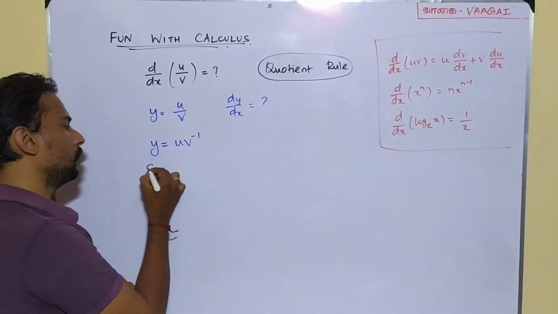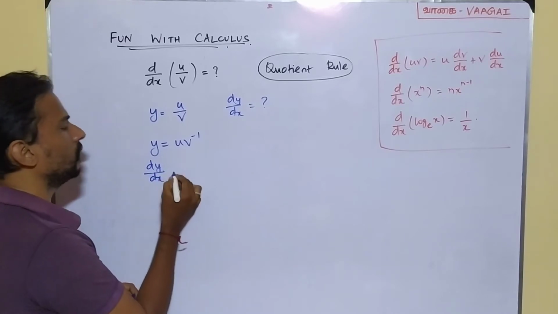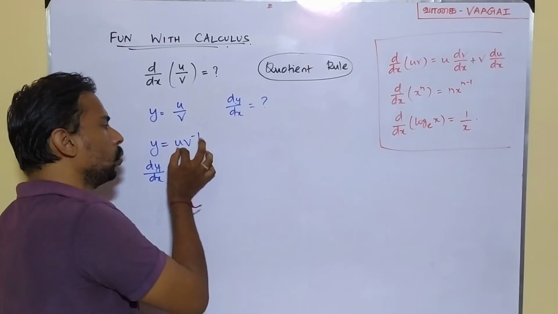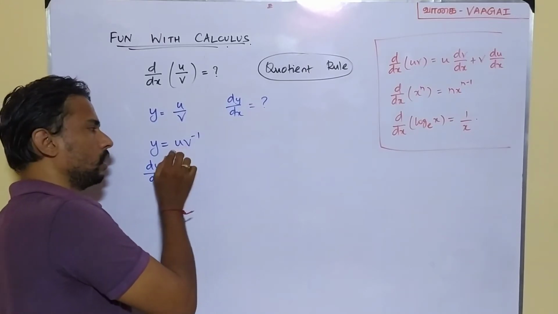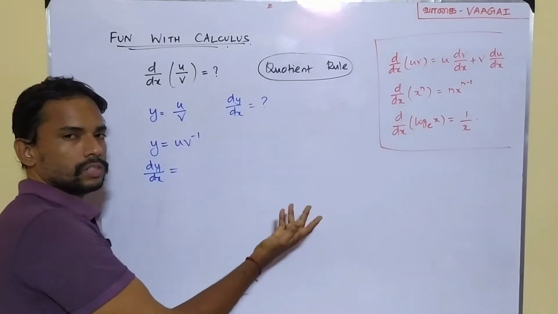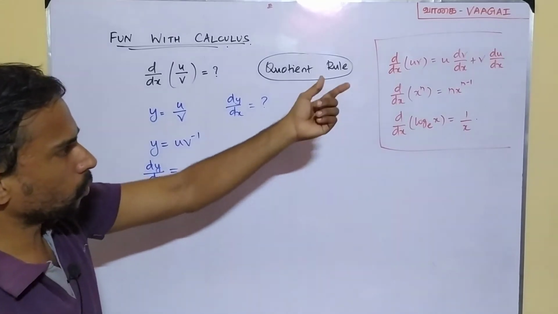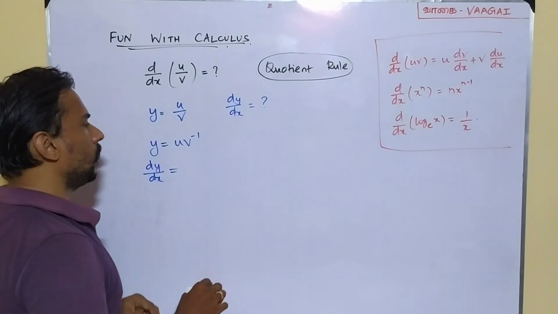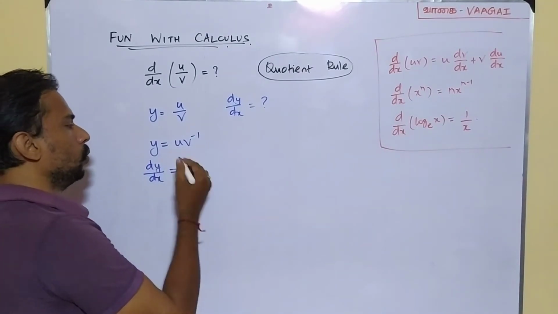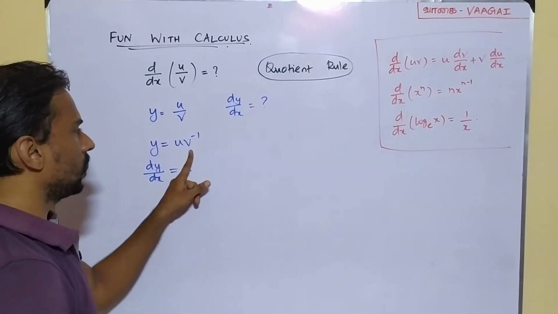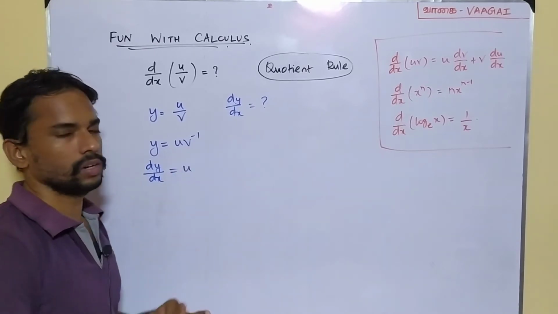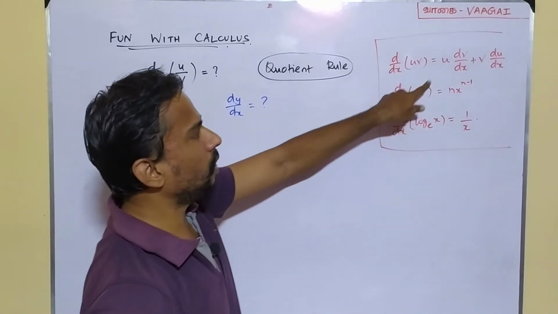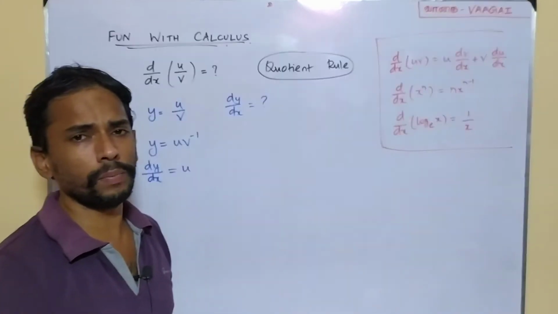So if I try to do it, I'll be getting dy by dx directly on my left hand side. And what happens to the right hand side? On the right hand side we have got two functions. One is u, the other one is v inverse. So this is again like a product, so we'll use the product rule now. I will be having u, and here I now have to differentiate v inverse. For that we need the x power n rule.